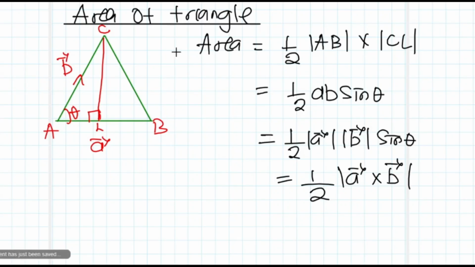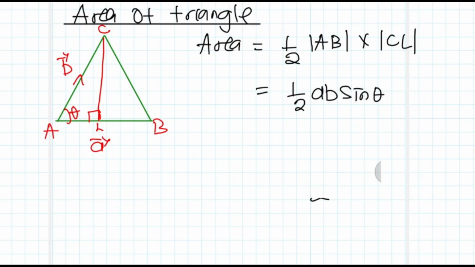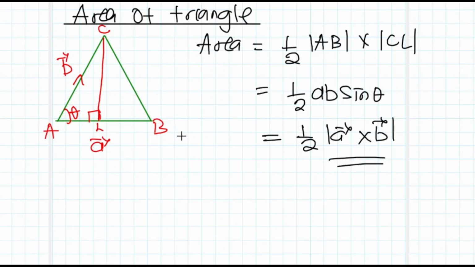Basically, when we are using the product, you don't need to put an absolute value here, so let's just leave it as it is. So let's write just one line of it. So this is equal to half into A cross B. So this is the area of a triangle.